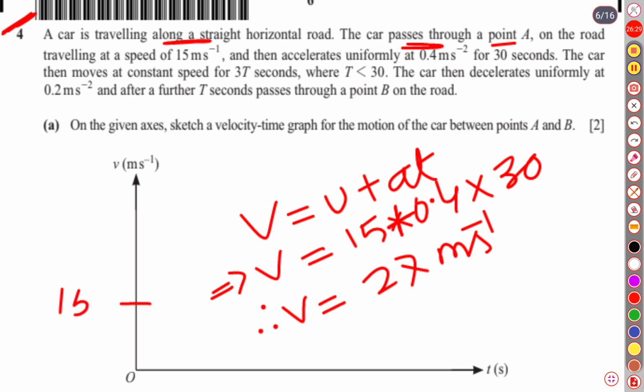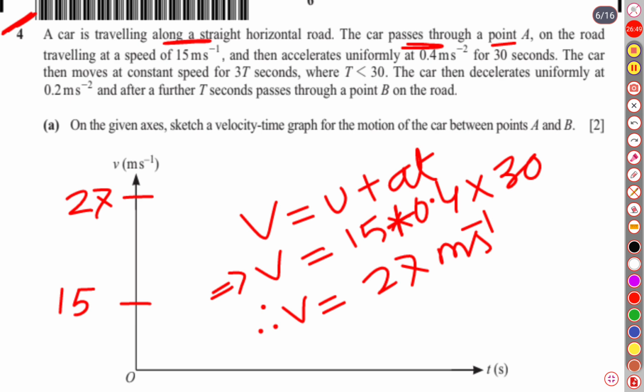It started from the origin at a speed of 15, and when it accelerated it was 27. So let us write here 27. Time was, first, 30 seconds.